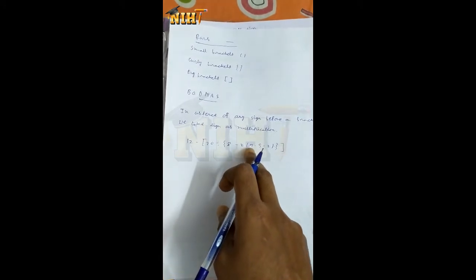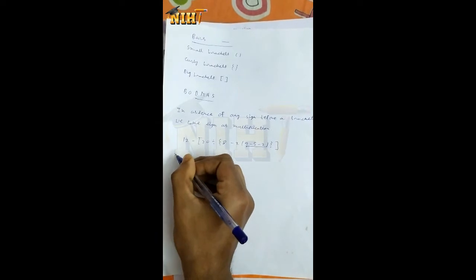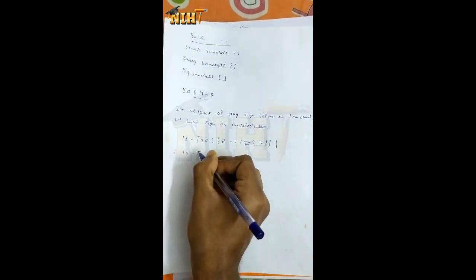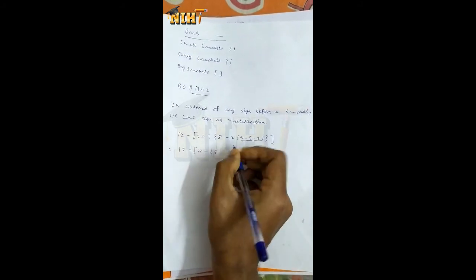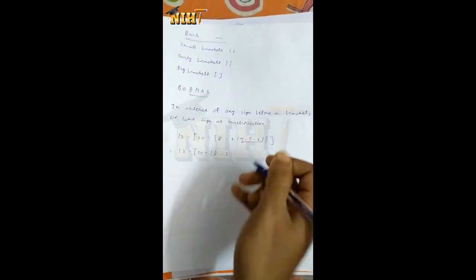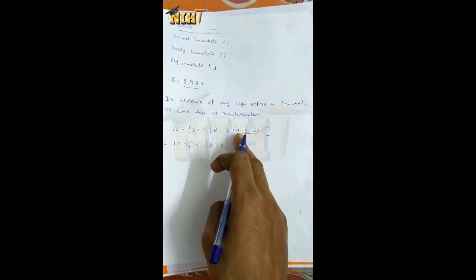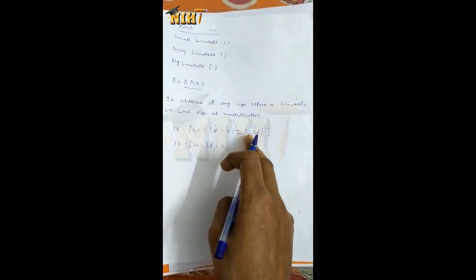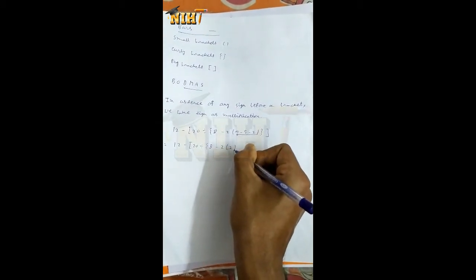So first we'll solve this portion, which is 9 minus 5, 4, 4 minus 2, 2, and it will be in bracket 2.